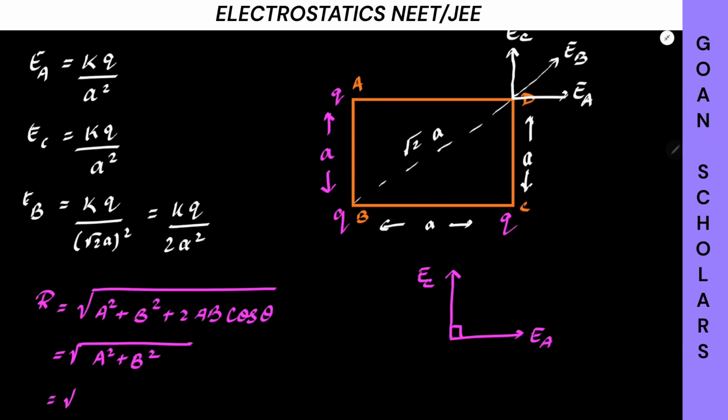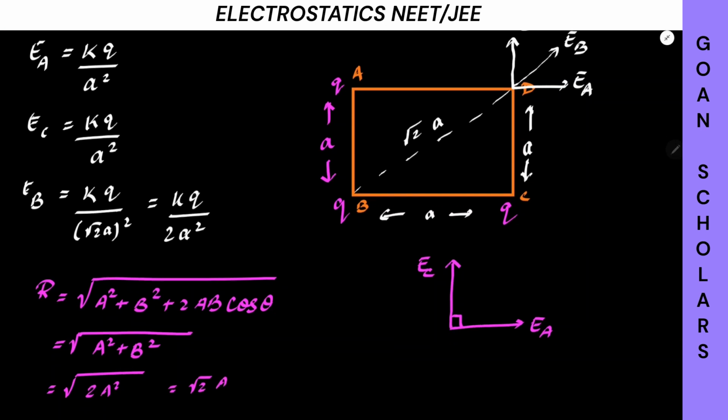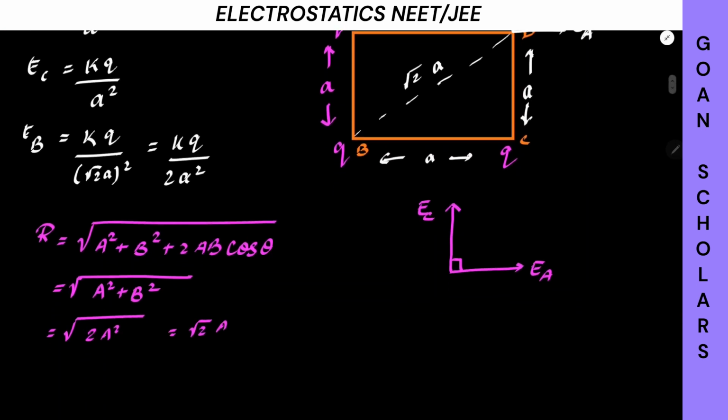So if both A and B are equal, it will be root under A square plus A square, which is 2A square, or the resultant will be root 2 A, correct? So let's use this directly, the resultant R of EC and EA, resultant meaning the total effect of EC and EA, will be root 2. You can write either EC or EA, both are the same, KQ by A square, correct? So KQ by A square, this is the resultant.